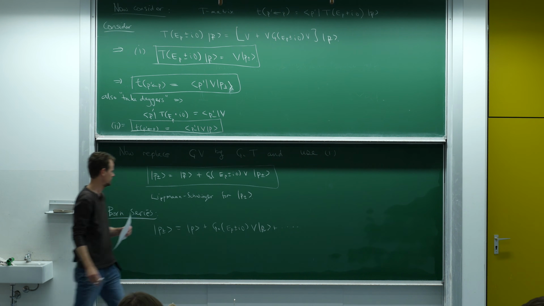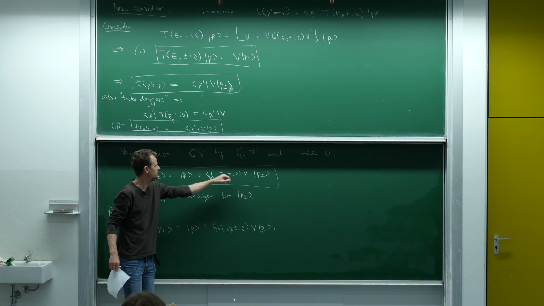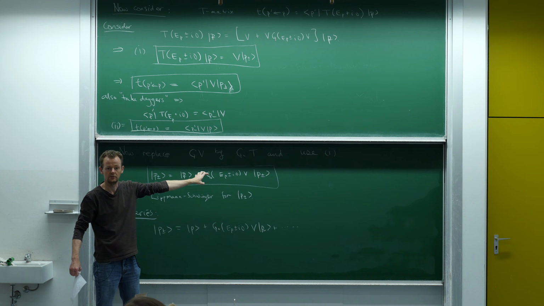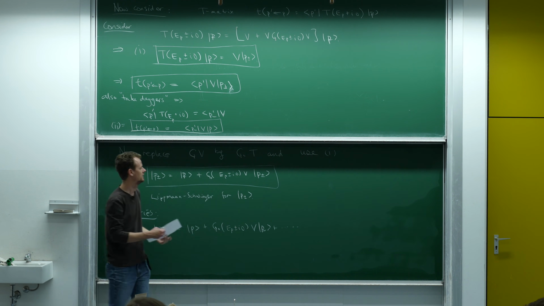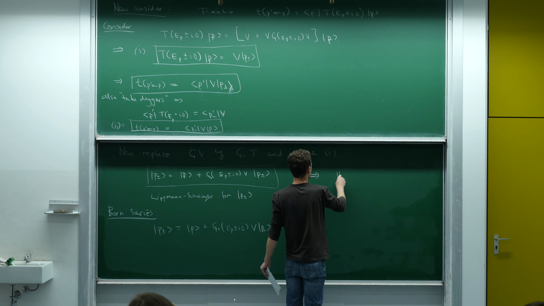And it looks like that. That's what you get from subtracting G naught V P plus minus on both sides, and then inverting identity minus G naught V. I'll write that step out just so it's completely clear.